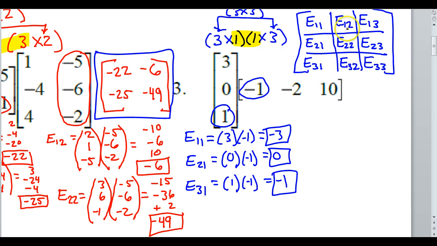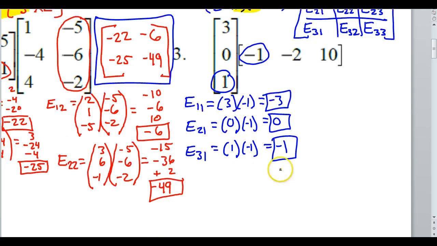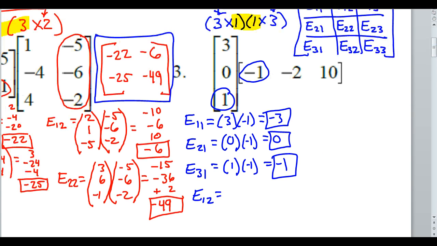So I'm gonna do element 1, 2 now. That's row 1, column 2. This is row 1, and this is column 2. So that's just 3 times -2.